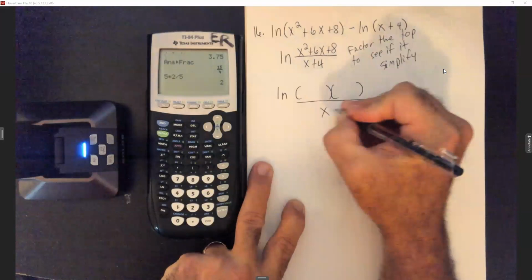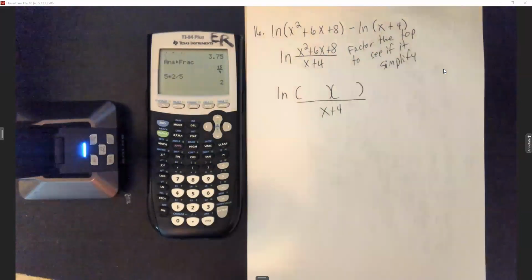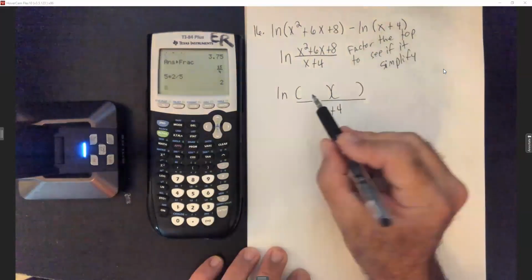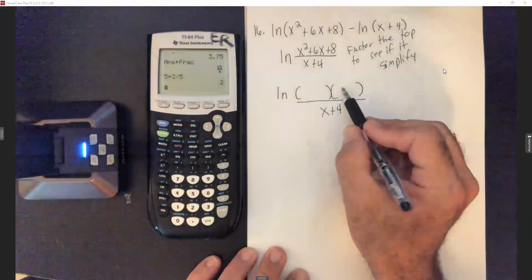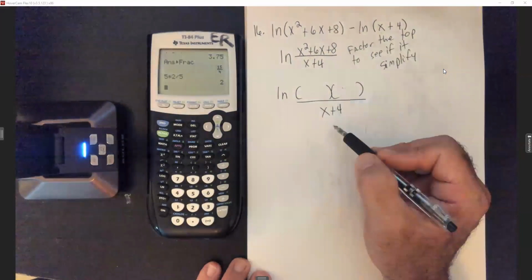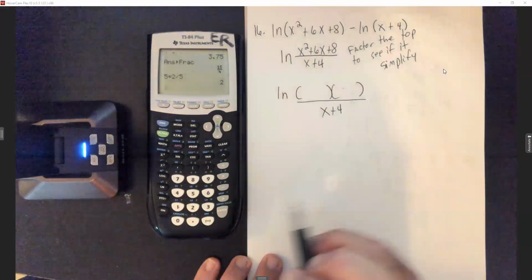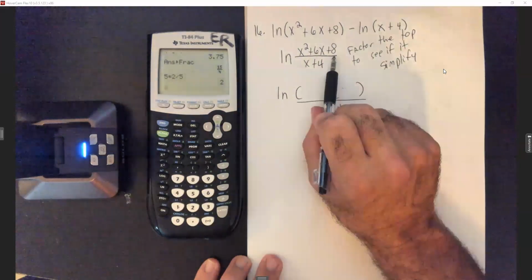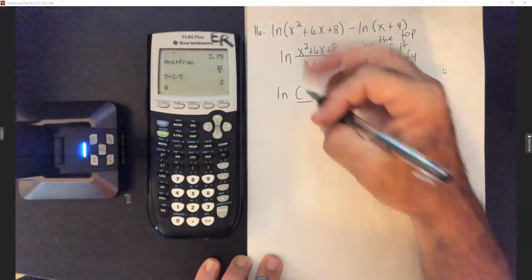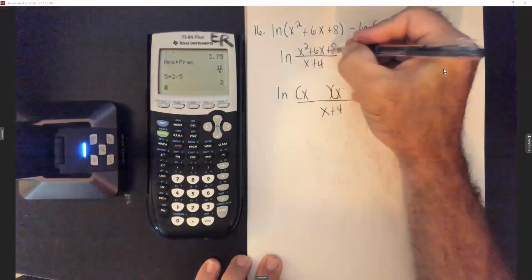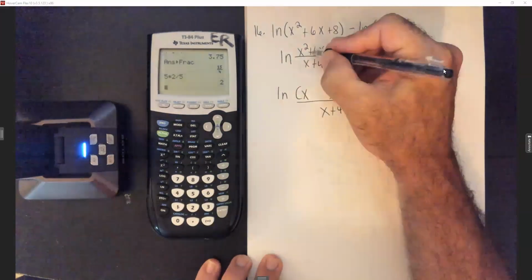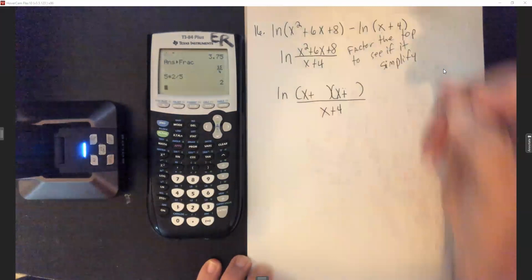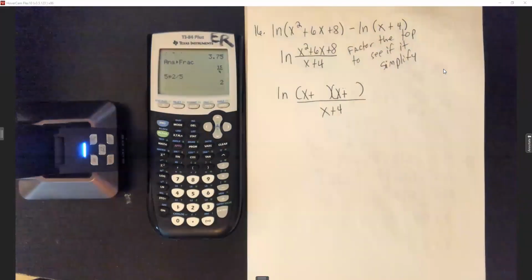So if a problem like this is going to simplify, one of these two factors has to be an x plus 4 so I can cancel that out. So let's see what happens with the x squared plus 6x plus 8. I know in front would be an x and an x. Since that's positive, both of these will be positive like the middle sign. So there are factors of 8 that add to get 6, and hopefully one of them is a 4.